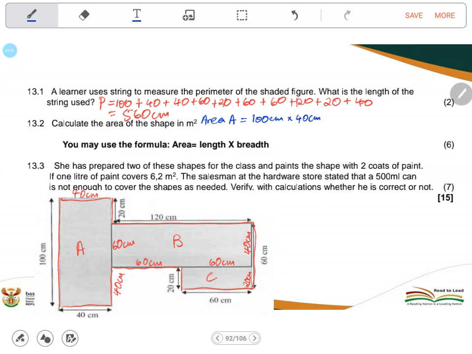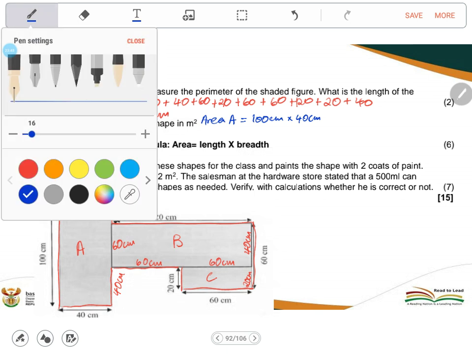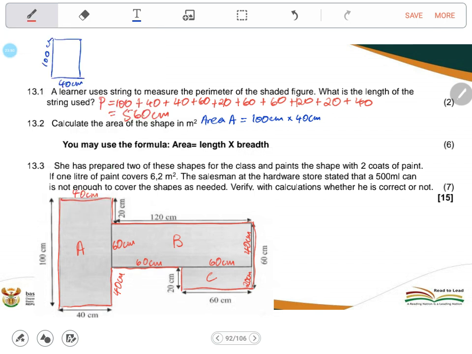Okay, but now if you look at rectangle A, it has 40 centimeters and 100 centimeters here. Now we need to convert these units into meters.